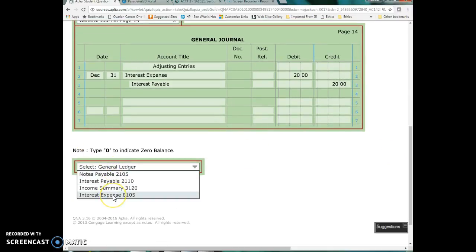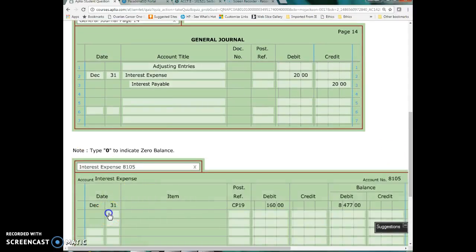First, interest expense, December 31st, coming from General Journal, page 14, $20 debit. Added to this $20 debit balance is $84.97. Then we need to have this $81.05 up here.